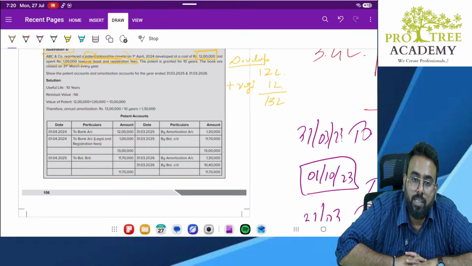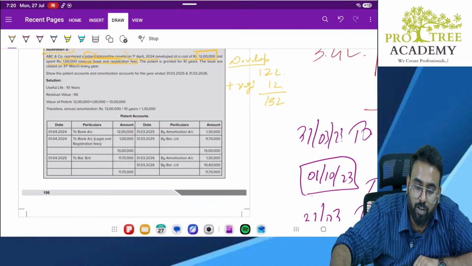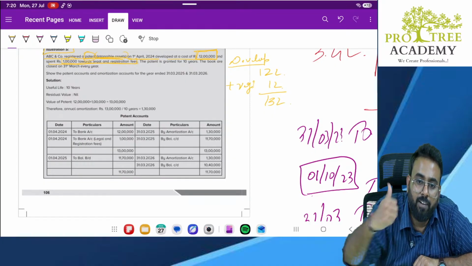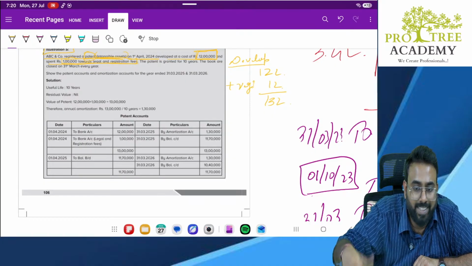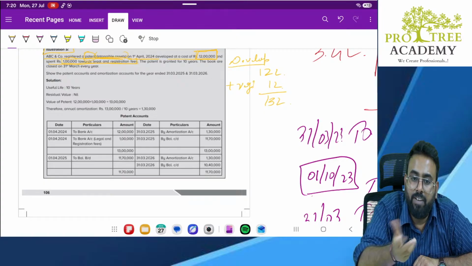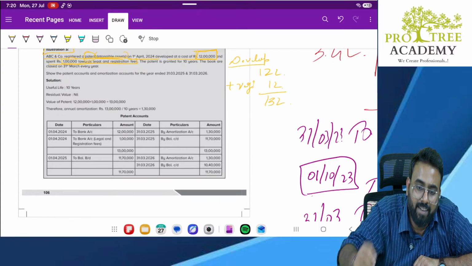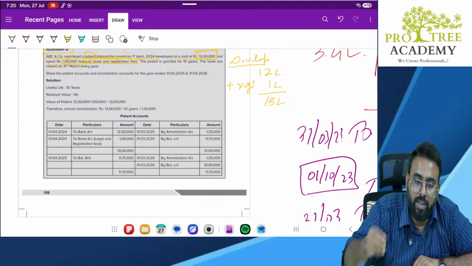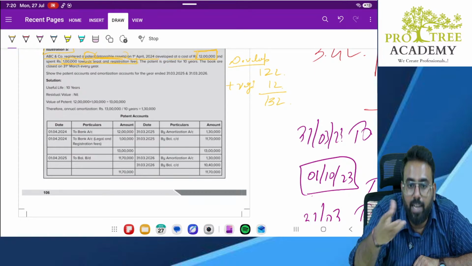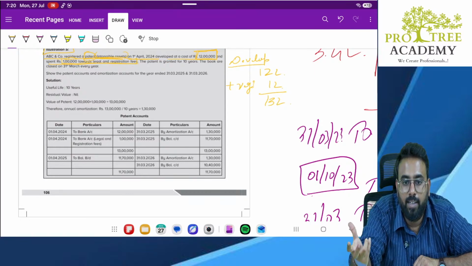Sir, how is it not an asset, sir? If you have not spent any money on that development, then what have you developed? Correct? Nothing has been developed. Right? So it will never come. So if you invest some money, then only you are creating some asset. Right?